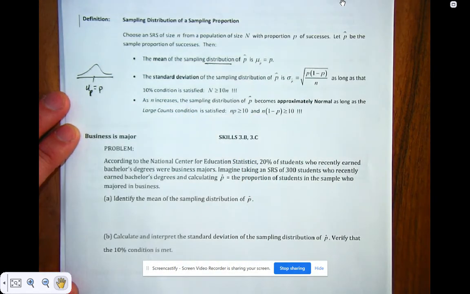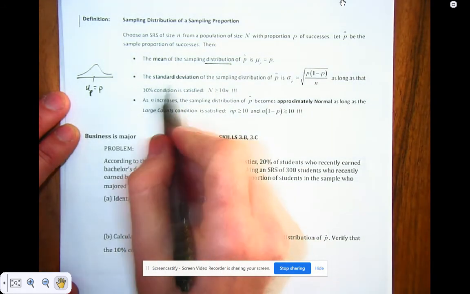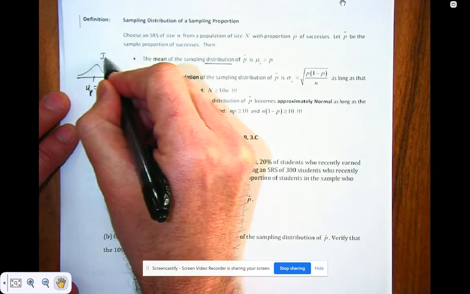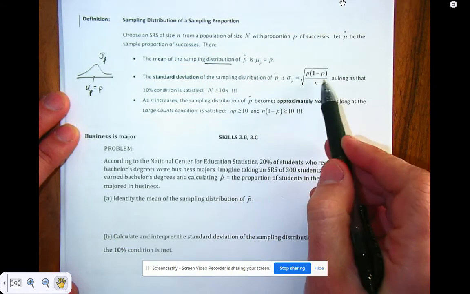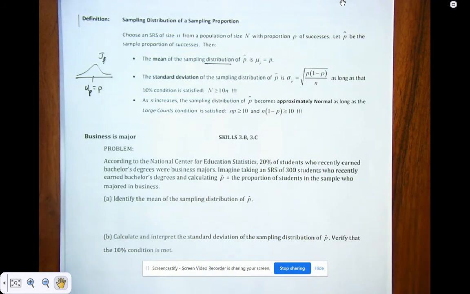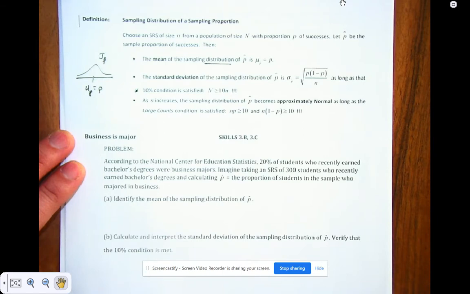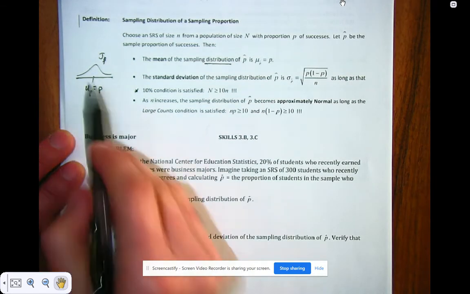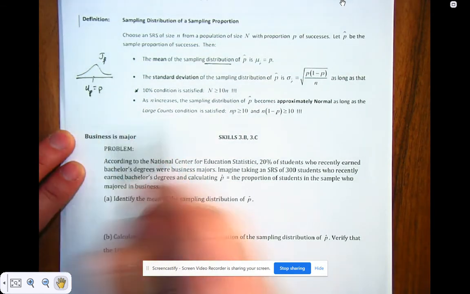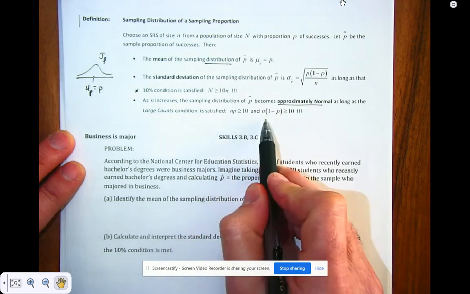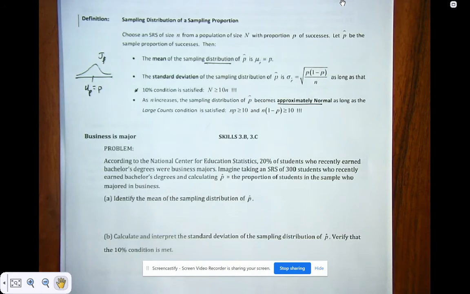And then we have a standard deviation of this distribution, and it's equal to this formula, the square root that's given to you. It's on your formula sheet, so you'll always have access to that, as long as your 10% condition is good to go. And what will this thing look like? You can see how I drew it. It's symmetric. It will be normal if these two conditions happen, which we checked before. Okay, so let's jump in and see what this looks like.